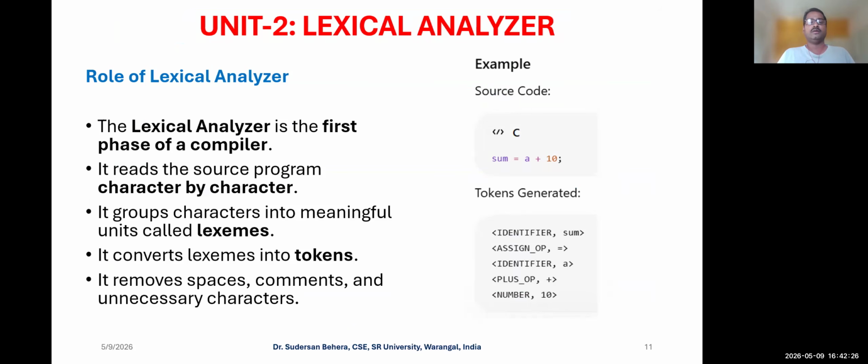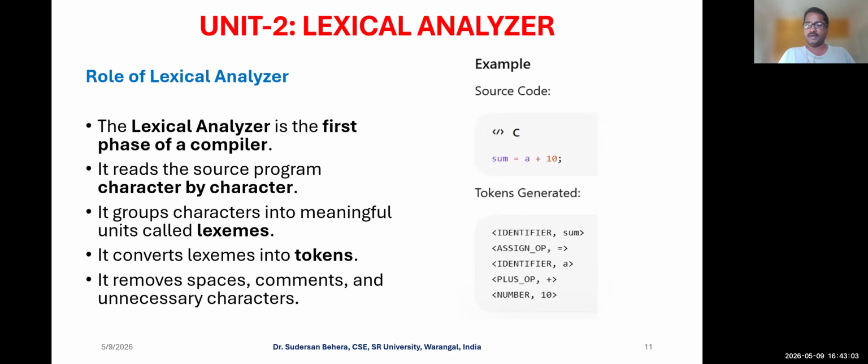Here you can see the heading is unit 2 and the first phase of the compiler is called the lexical analyzer. Let us review once again what the role of the lexical analyzer is, before we analyze its in-depth working principle.